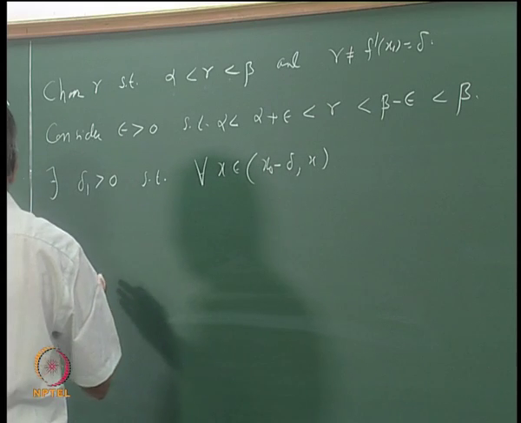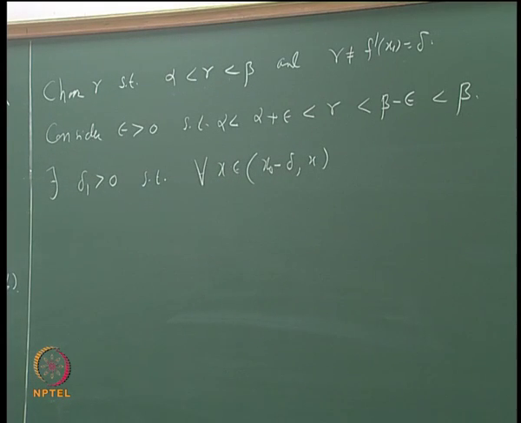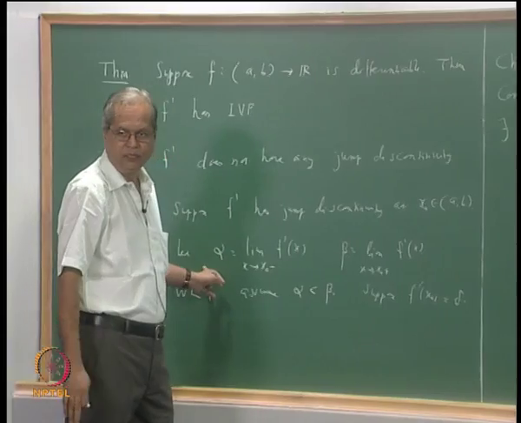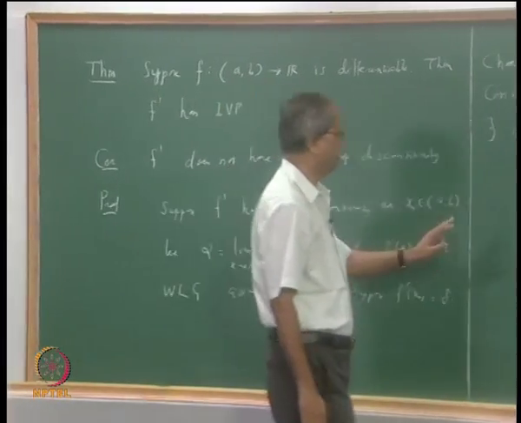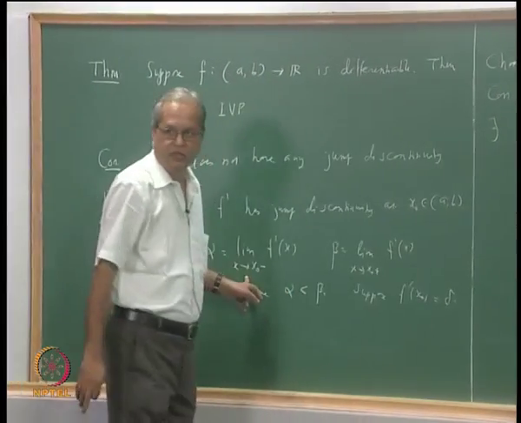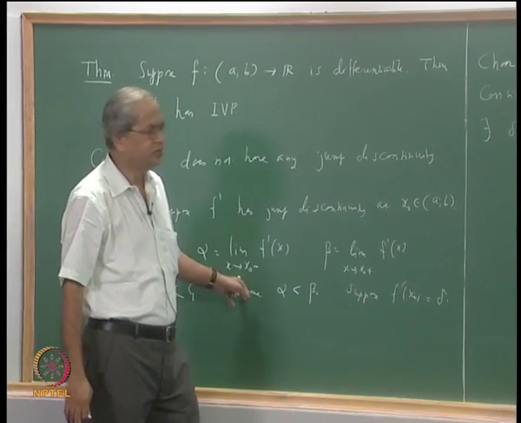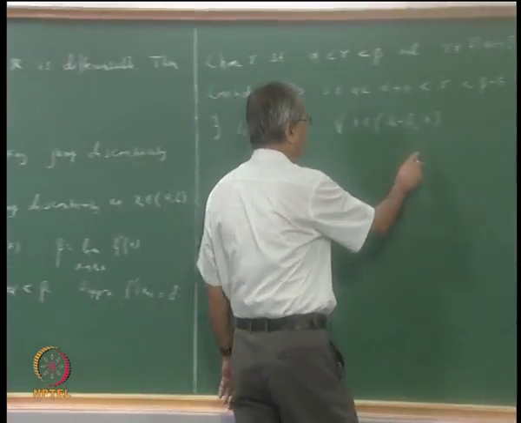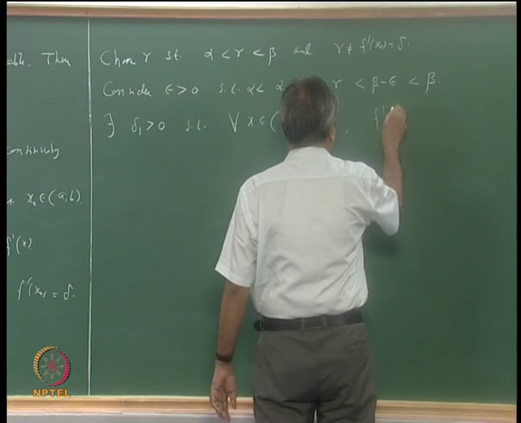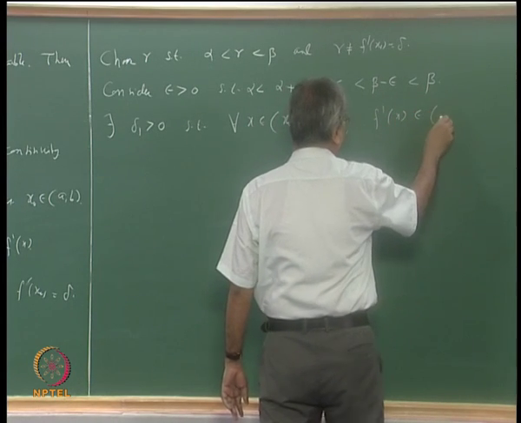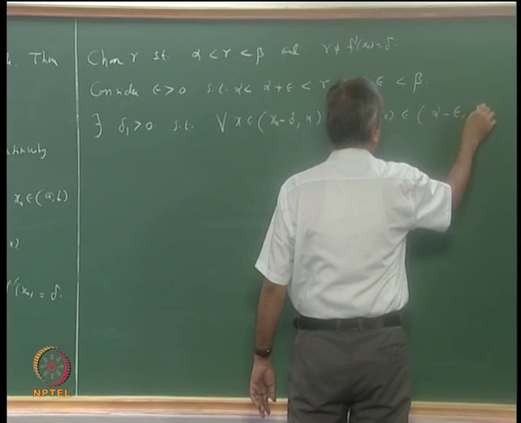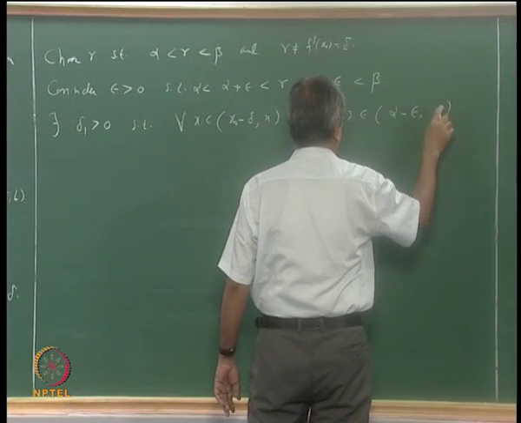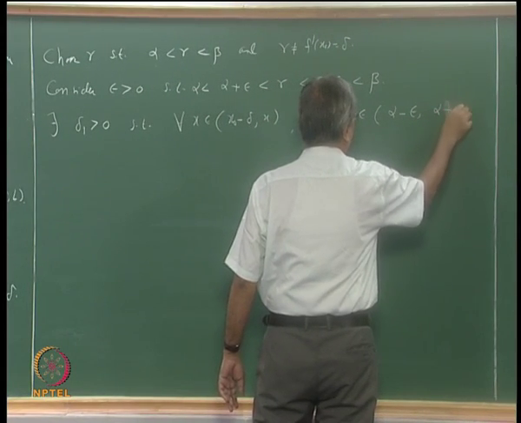F prime x should lie between alpha minus epsilon and alpha plus epsilon. That is the meaning of left hand limit, right? So for every x in x naught minus delta to x naught, f prime x lies between alpha minus epsilon to alpha plus epsilon.